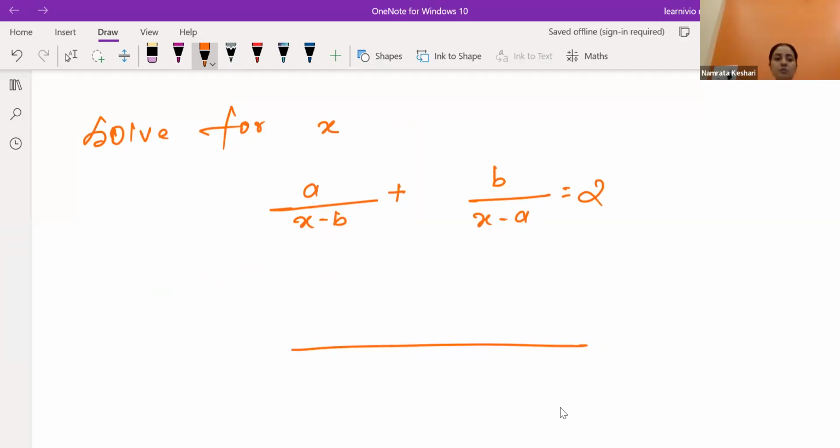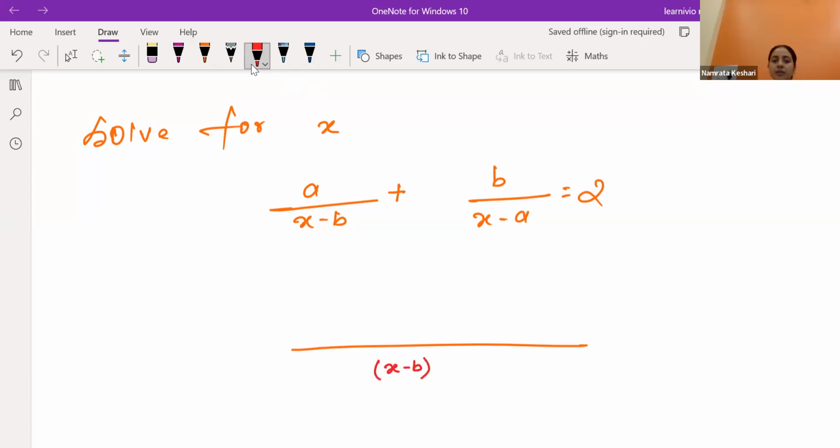What will be the LCM, Zoha? Is the LCM going to be x minus b into x minus a?